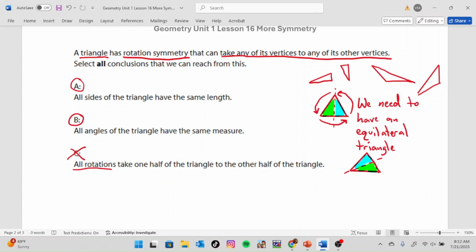Once we knew that we needed to have an equilateral triangle, then by definition, that means all the sides are going to be the same and all the angles are going to be the same. However, part C is wrong because not every single rotation is going to take 1/2 to the other half. In fact, it won't do it unless we rotate a full 360 degrees.